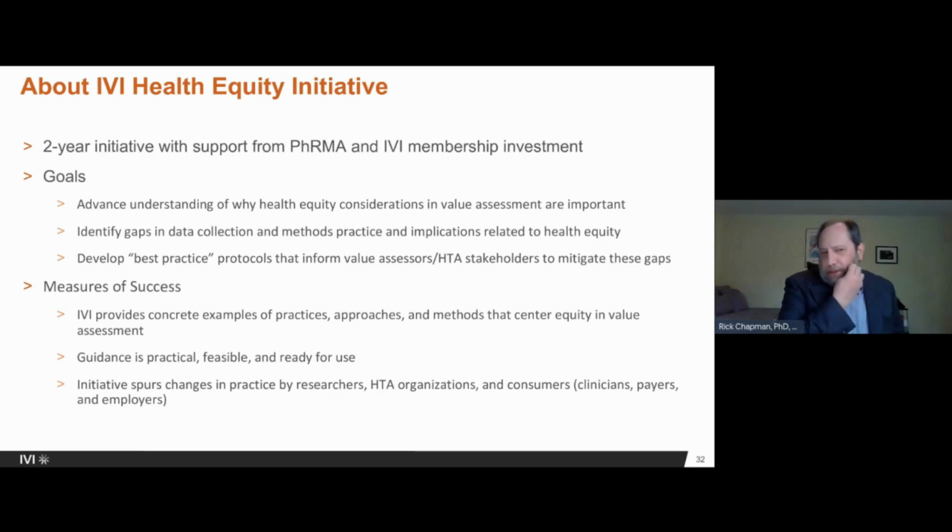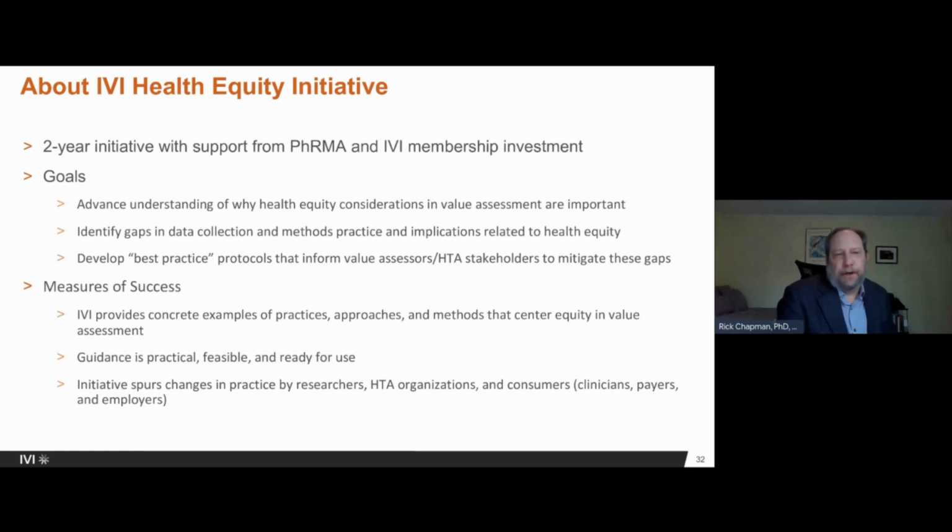So I mentioned a little bit about health technology assessment, and IVI is a membership-based organization that's really about trying to raise the bar in how we do health technology assessment. And we became aware that health technology assessment really hasn't done much around equity or social determinants of health, hasn't really paid much attention to it historically.